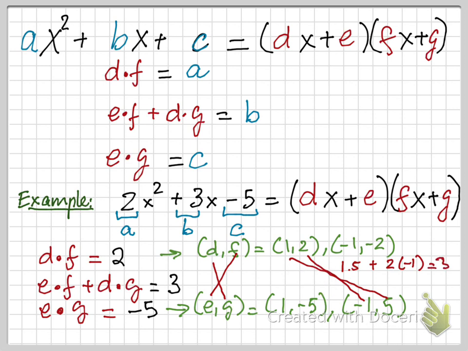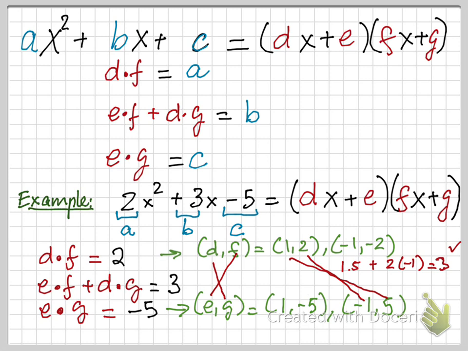So you go 1 times negative 5 plus negative 1 times 2, and here we go, it equals negative 3 plus... it equals 3. So these are the correct pairs that we're looking for, because this pair working together gives the second condition.